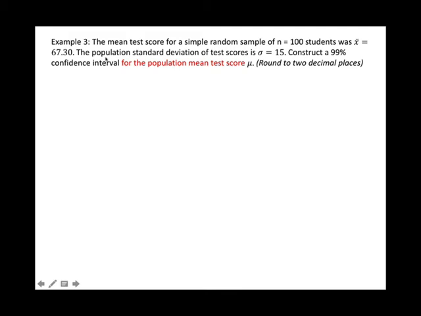Okay, when they given the population standard deviation, we'll be using the Z distribution. And they want to construct in 99%, we have the confidence level for the population mean test score. So we are working on the population mean. I want you guys to highlight this one also because session 7.2, we are working on the population mean.